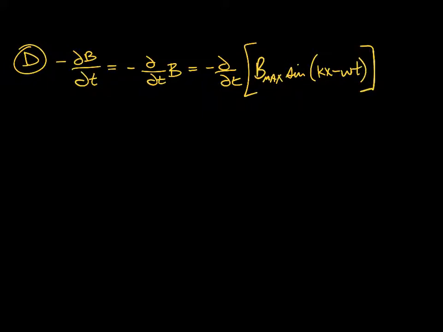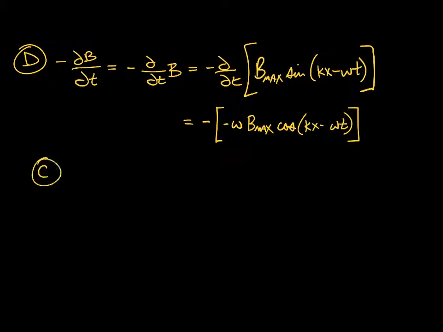And again, out of this we'll get a negative, because that minus omega comes out from the part of the phase angle that we're differentiating with respect to. And our B max sticks around as a constant. The derivative of sine is cosine, kx minus omega t.